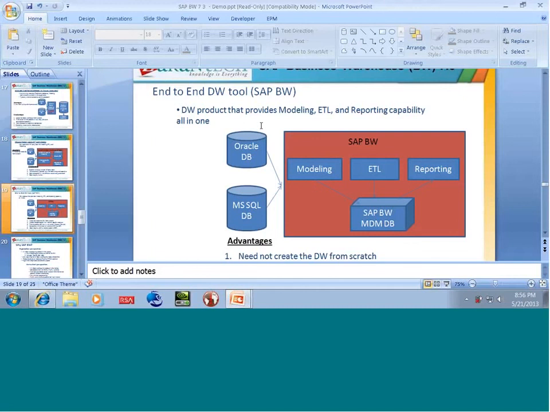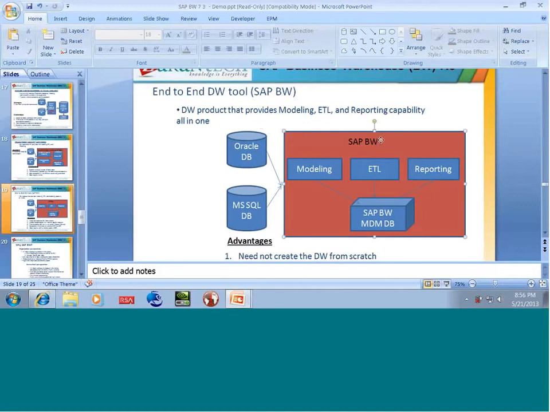So that is where the SAP BW system comes into play. SAP BW, if you remember when we started this demo session, we started talking about the definition of SAP BW. It is an end-to-end data warehousing solution. So we understood what a data warehouse is. We are now talking about what an end-to-end solution is.